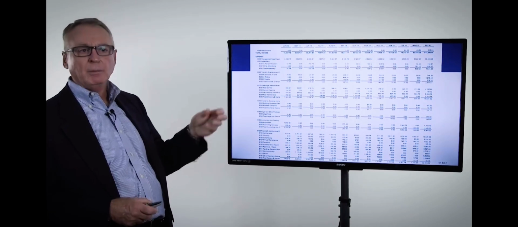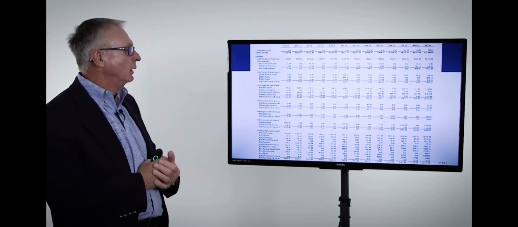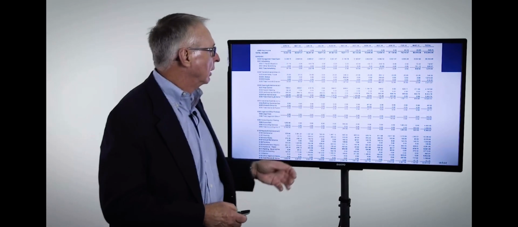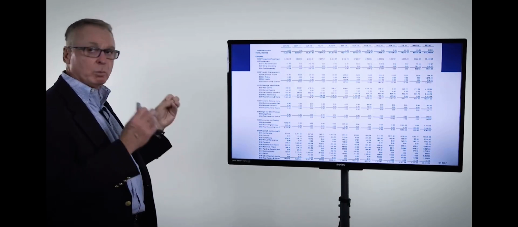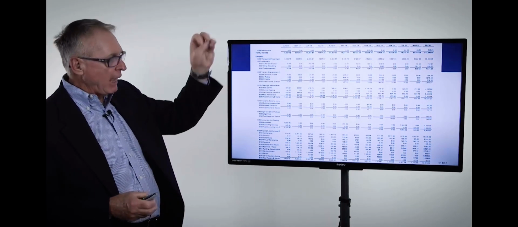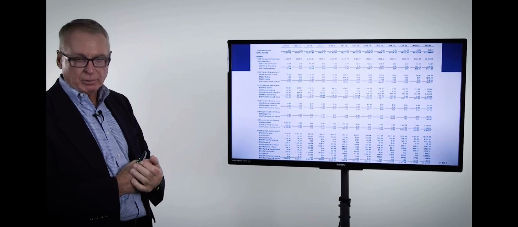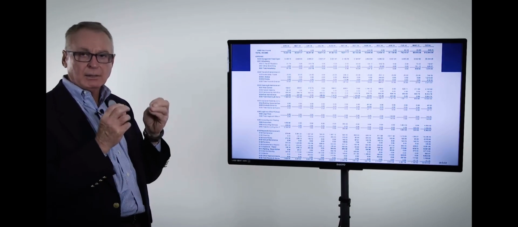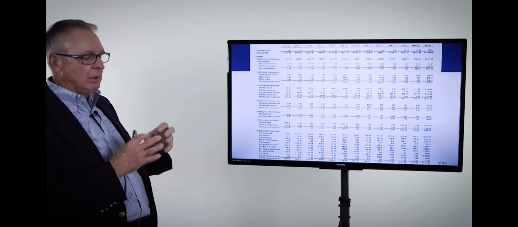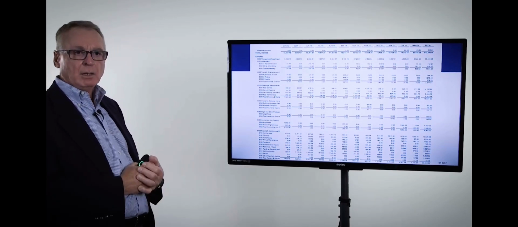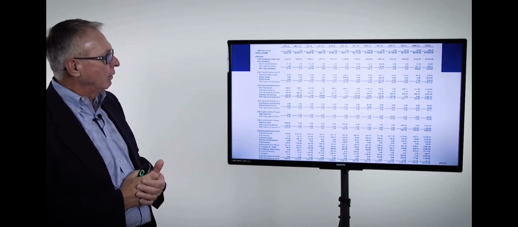Actually, you're going to do it on the rental income on the previous page, which is again going to be the last 3 months, and then you're going to project it forward on the rental income, and then you're going to add the actual other income. You're only going to take the rental income and project it out, and then you're going to add the other income as it's on your P&L.